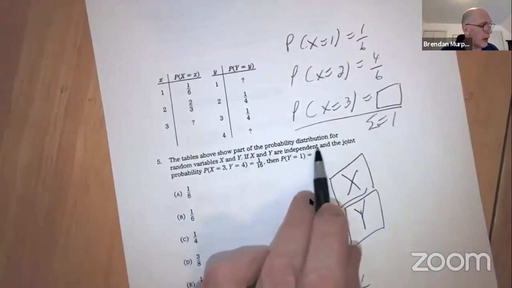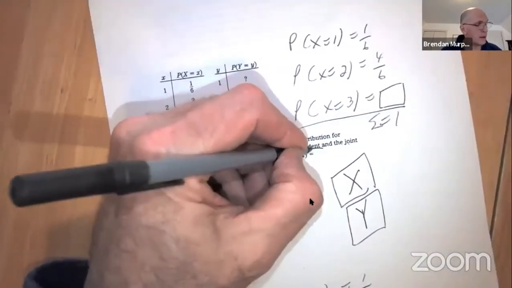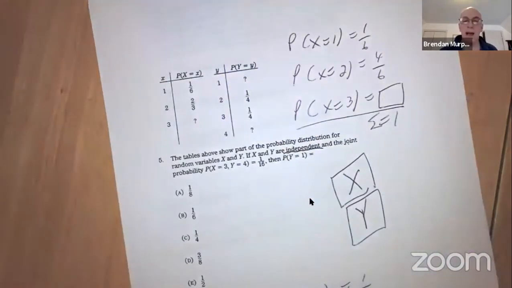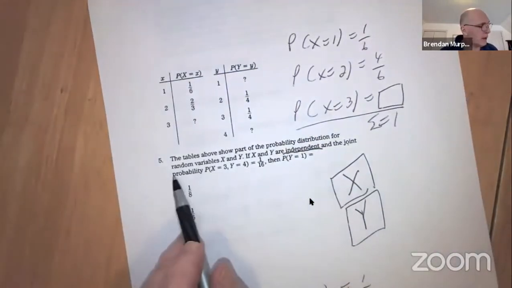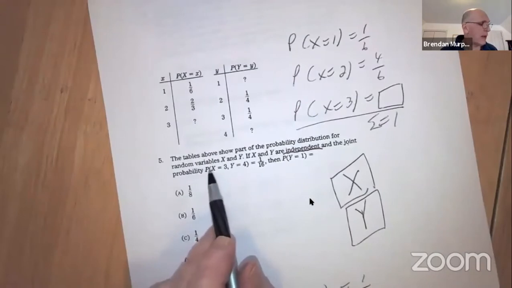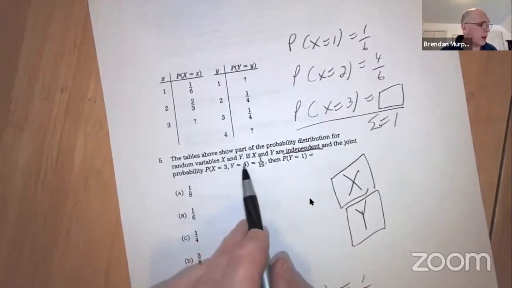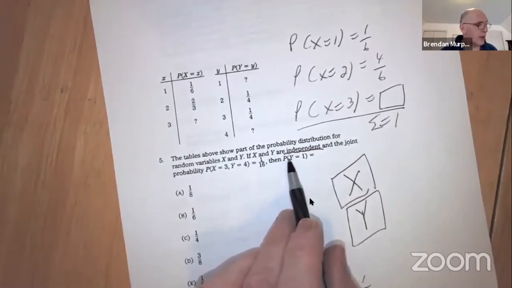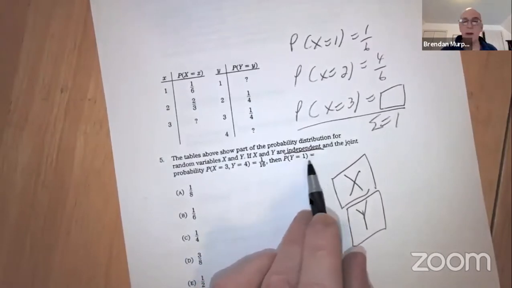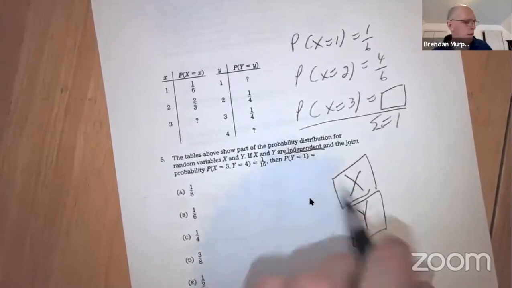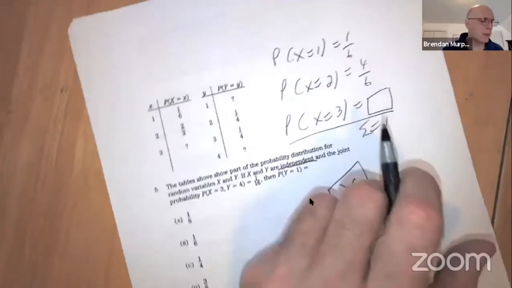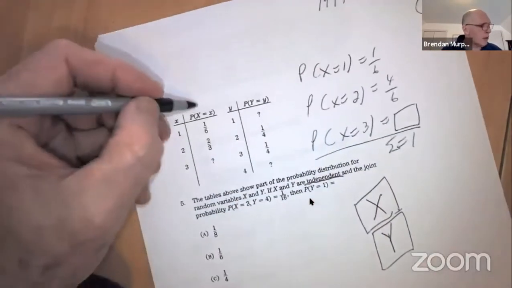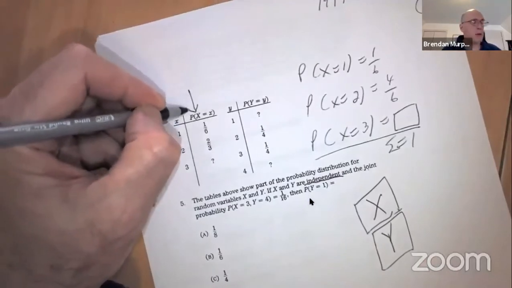If X and Y are independent, super important, and I'm probably going to underline that, and the joint probability that big X equals 3 and big Y equals 4 equals 1/16, and the probability that big random variable Y is equal to 1 is equal to... honestly, my students struggle with this. So big X is one of my random variables.